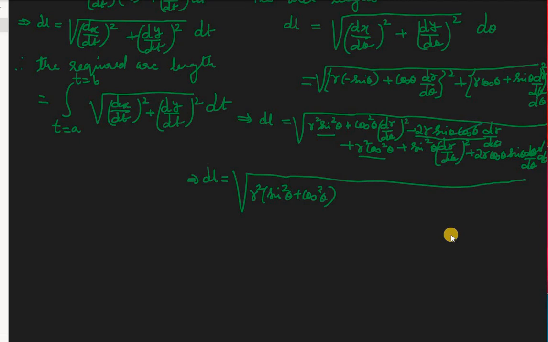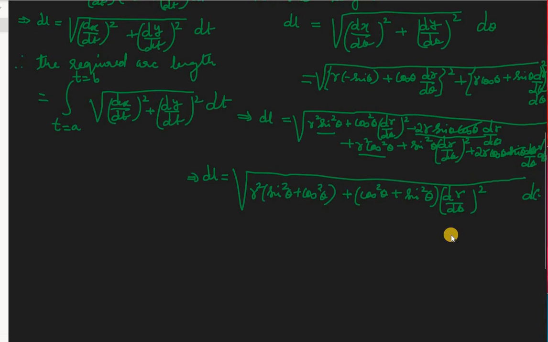These two can be cancelled. And the other two terms that remained, dr d theta the whole square is common. So we get cos square theta plus sin square theta into dr d theta the whole square, then into d theta, which lies outside the square root sign.